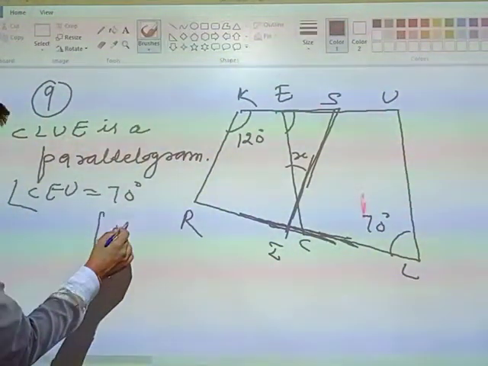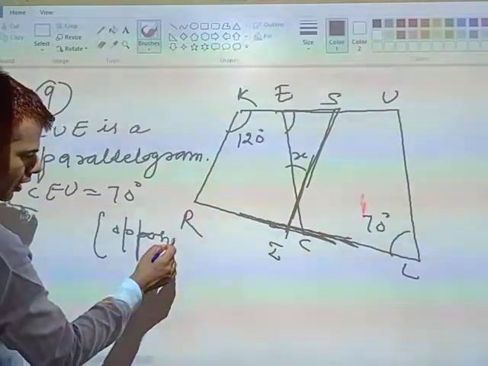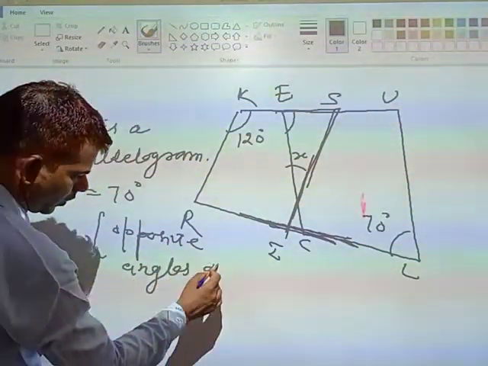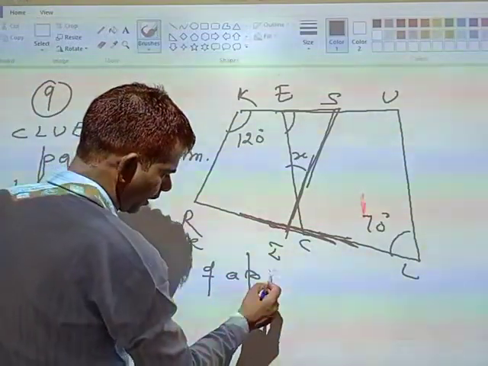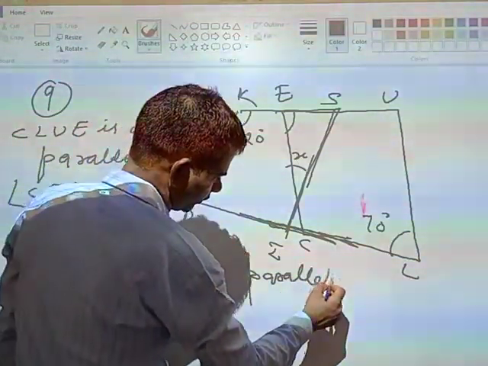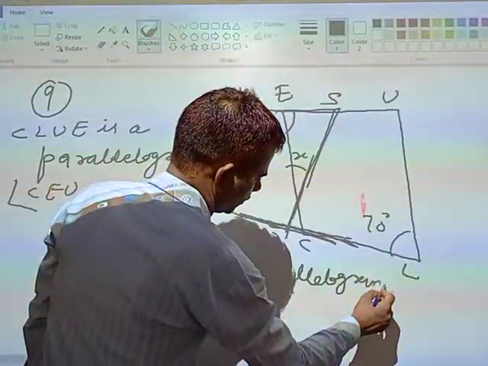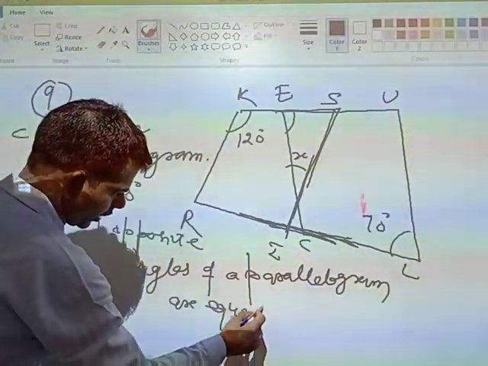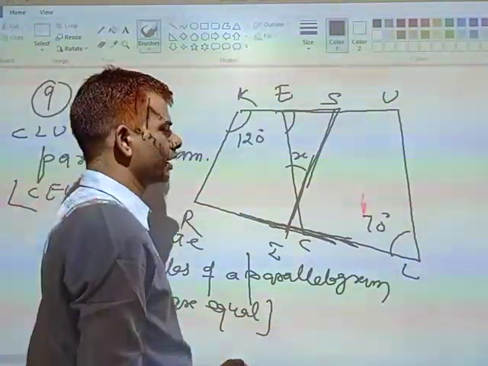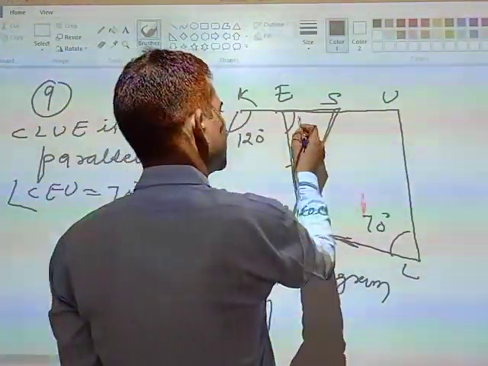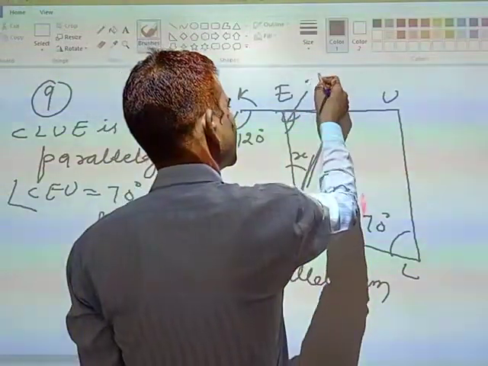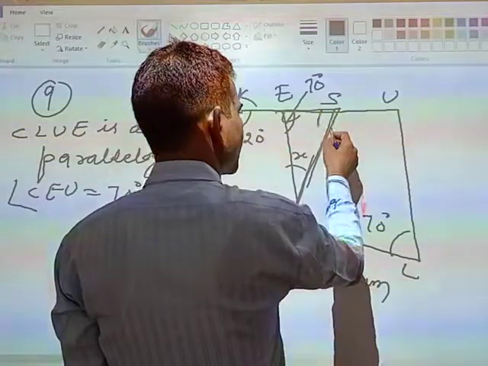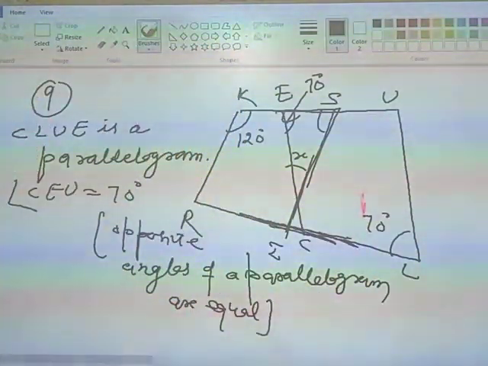Opposite angles of a parallelogram are equal. That is your 70 degrees. Now, students, we have to find these angles, we require these angles.